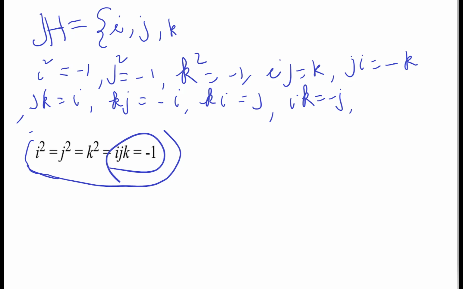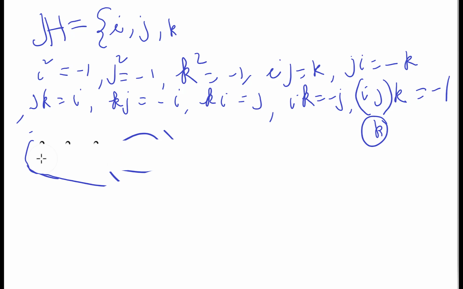So as he writes here, ijk, if you look at this, this becomes k, right? And k squared is -1, right? Okay, so that's how these are all defined.